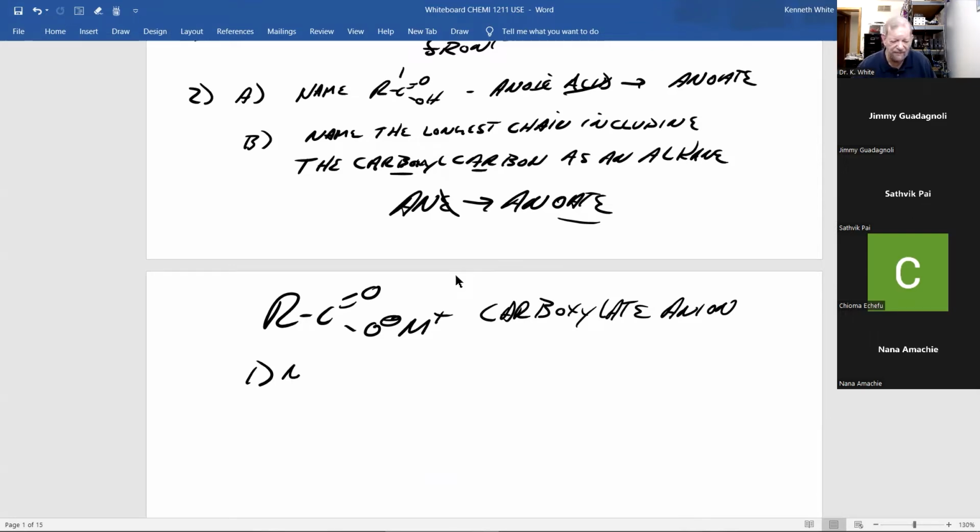1, name the cation M+ as the element it comes from. That goes in the front.